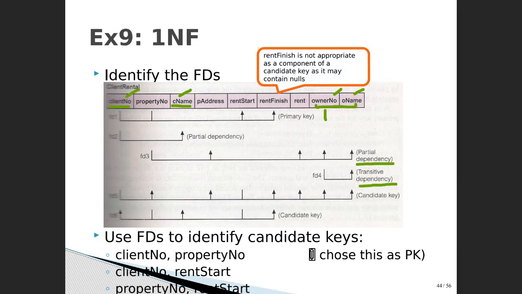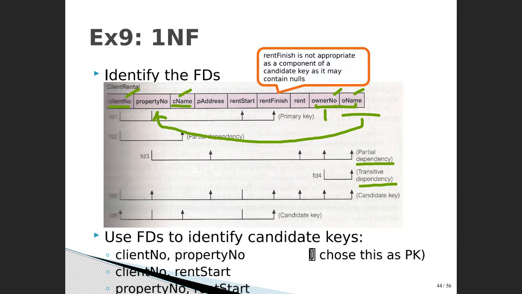Property number will determine owner number, and owner number will determine owner name. Then owner name will be functionally dependent on property number transitively. Got the point?